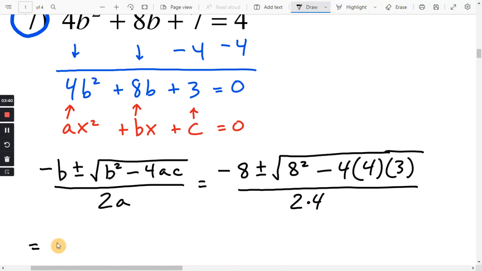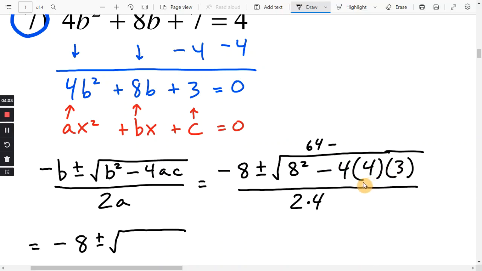Okay, we have -8 plus or minus, and I suggest you do everything under the square root. So you can do this on the calculator or by hand. 8 squared is 64, and this is going to be minus 16 times 3. 4 times 4 is 16 times 3.